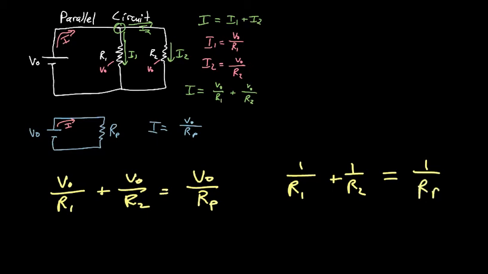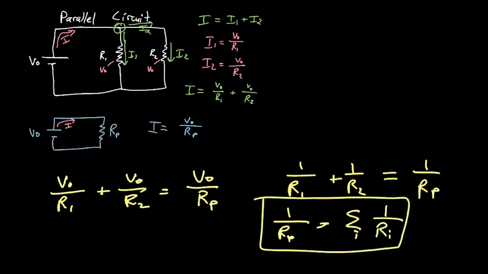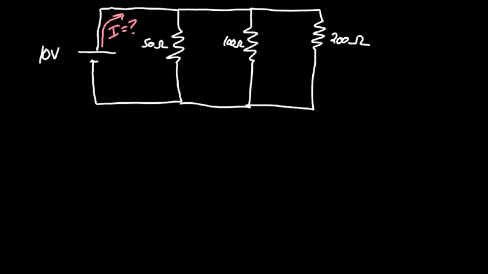If we had 3 resistors in parallel, we'd have plus 1 over R3, and so on for any other resistors we had, equals 1 over RP. So in general, we'll write this as 1 over RP equals the sum over i of 1 over Ri. So 1 over R1 plus 1 over R2 plus 1 over R3, and so on like that.